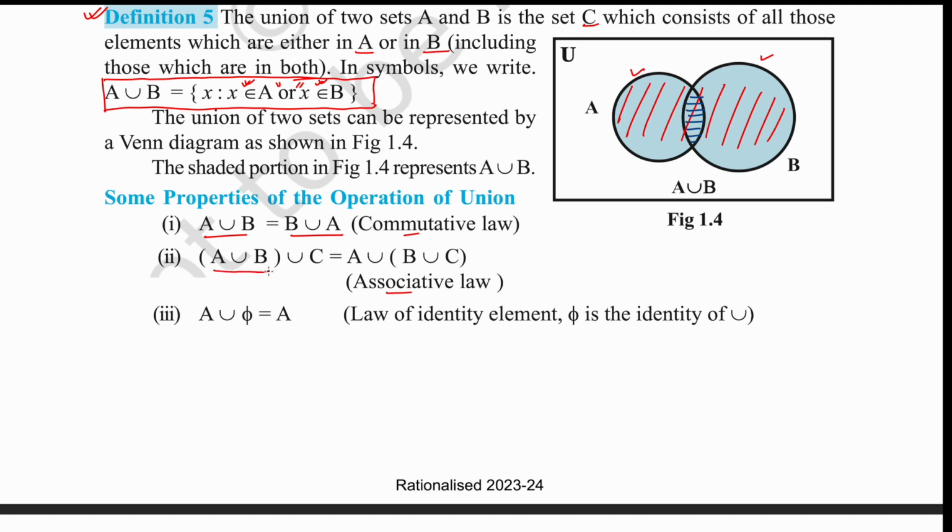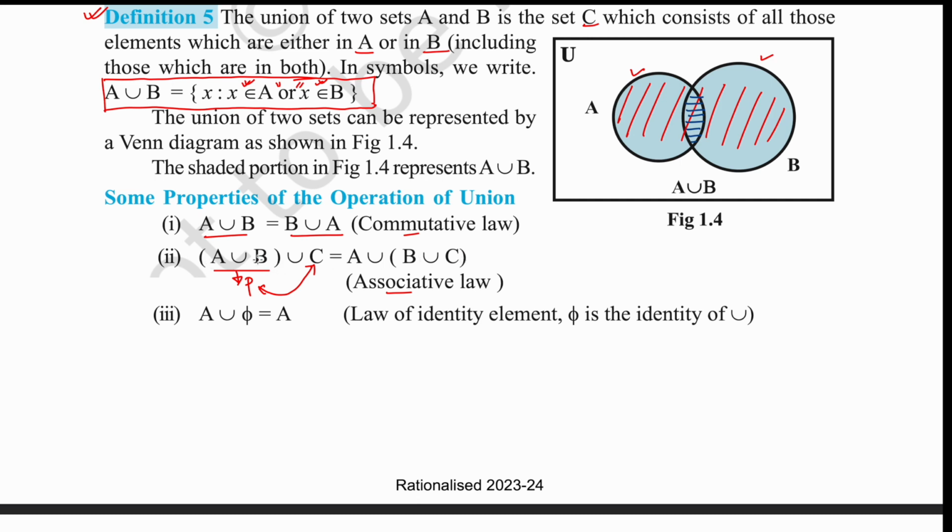you are taking union of the first two in first step, so this is a set that you have gotten. Say if we say that this set to be P, and if you take union of this P with the set C, so the resultant set that you are going to get is going to be same as if you take the union of B and C first and then take its union with A. So irrespective of the order of association, the resultant of the two sets are going to be same.